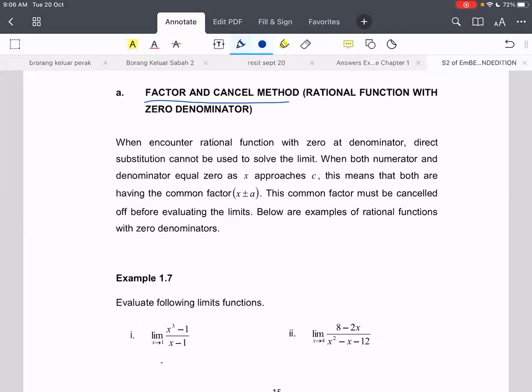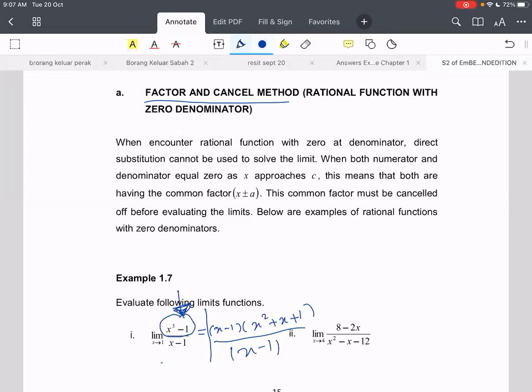So about this one, this is x cubed minus 1. If you expand it, you will get x minus 1 times x squared plus x plus 1, over x minus 1. You need to solve this one first. Once you factorize the numerator, only then you can cancel out the term.